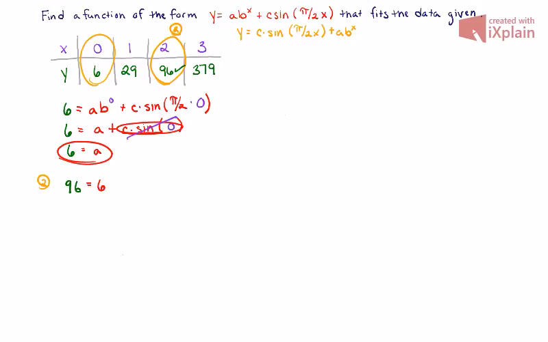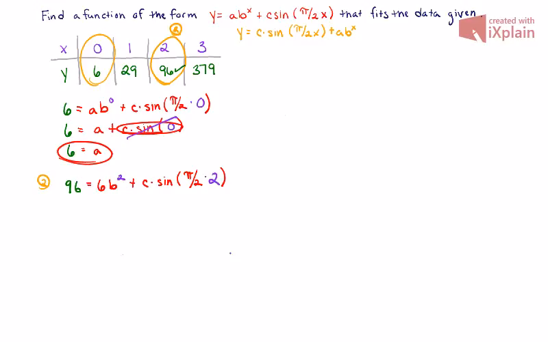So we're going to have b squared plus c times the sine of pi over 2 times 2. As mentioned before, I'm being strategic about which point I'm picking. This one, as it turns out, is going to give me the least amount of a headache when I'm working through this.